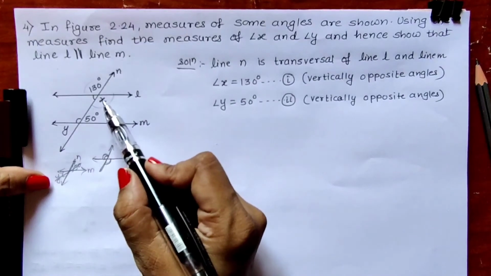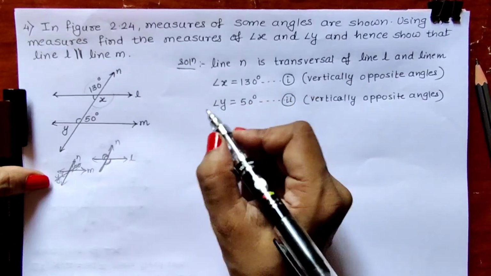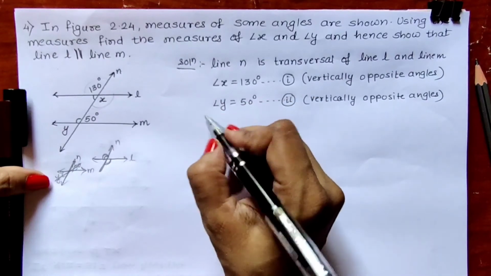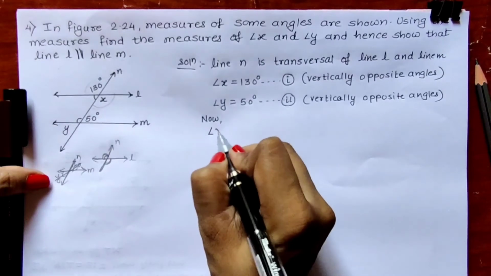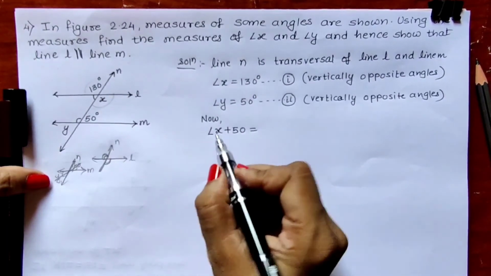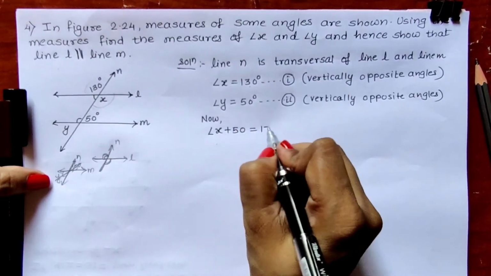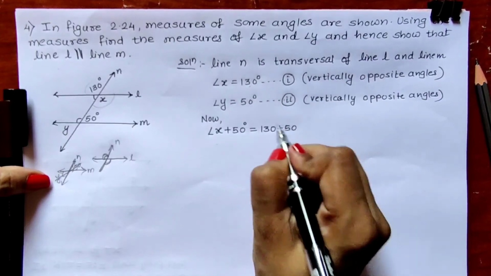Now let us add this angle X plus 50. Now I will be writing. Angle X plus 50 will be equal to, angle X we have got 130 plus 50.